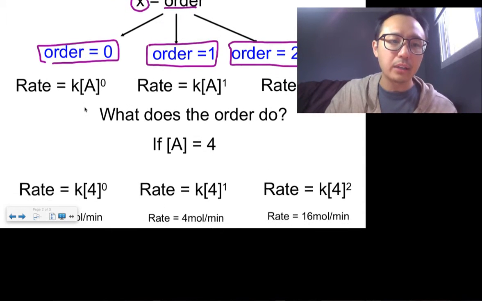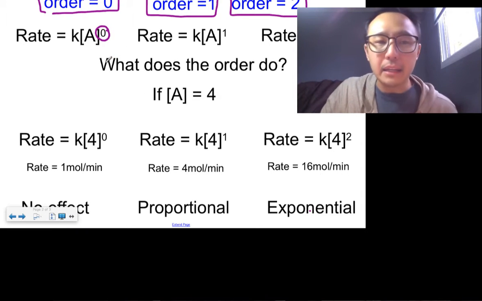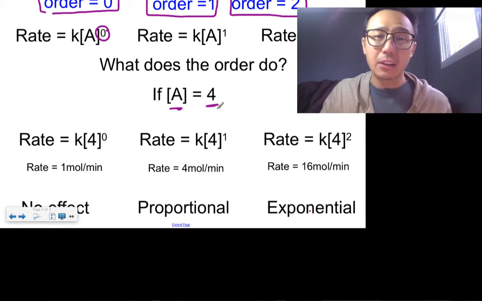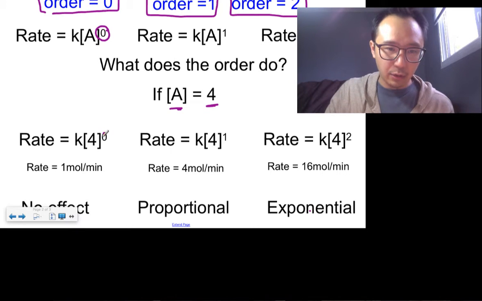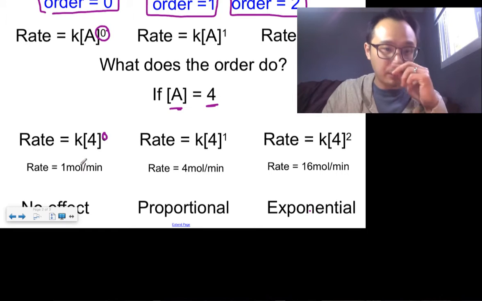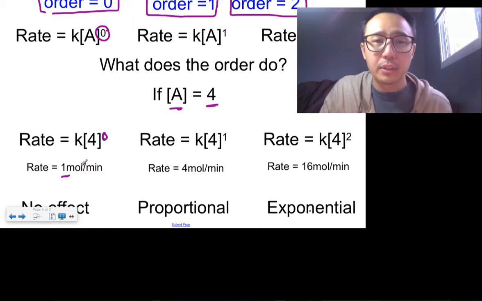If we have an order of 0, that means we have an exponent of 0. And what does that mean? Well, if we substitute, let's say a concentration of 4 for the reactant species A, this 0, the order, becomes your exponent. If you do the math, you can see that it actually turns into 1.